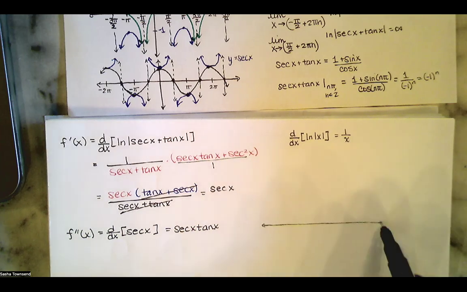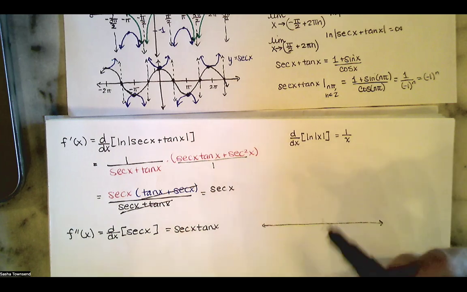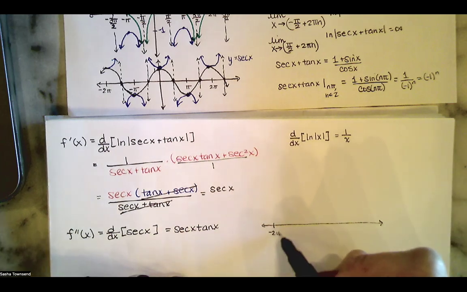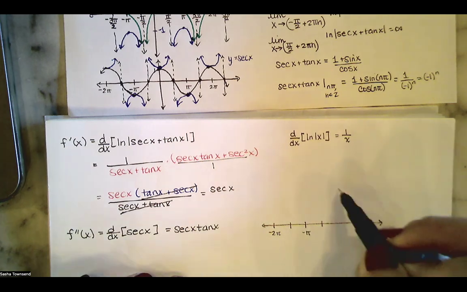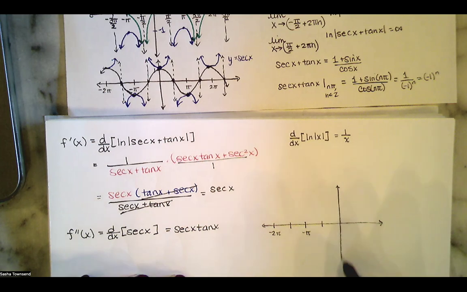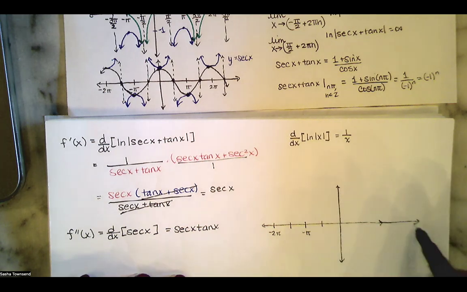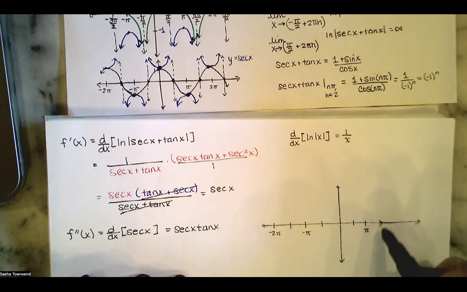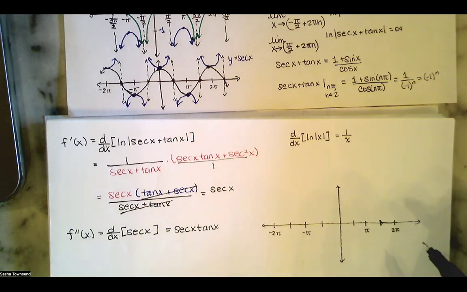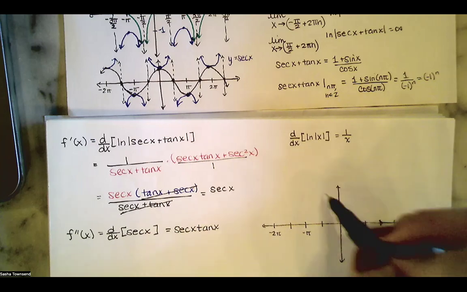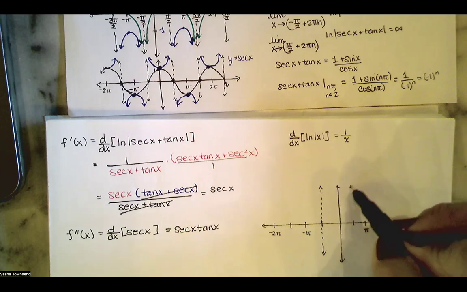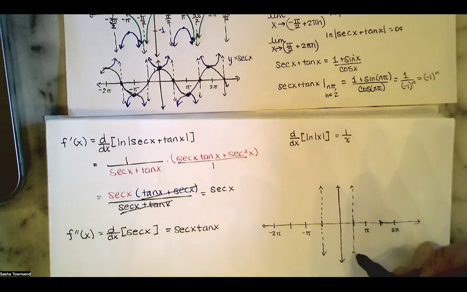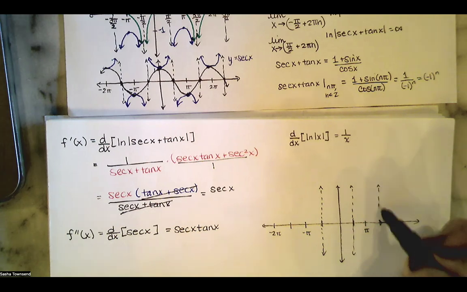Now, if I graph those on the same set of axes, the tangent has asymptotes every time the cosine is 0. So does the secant, right? At all the odd multiples of pi over 2.